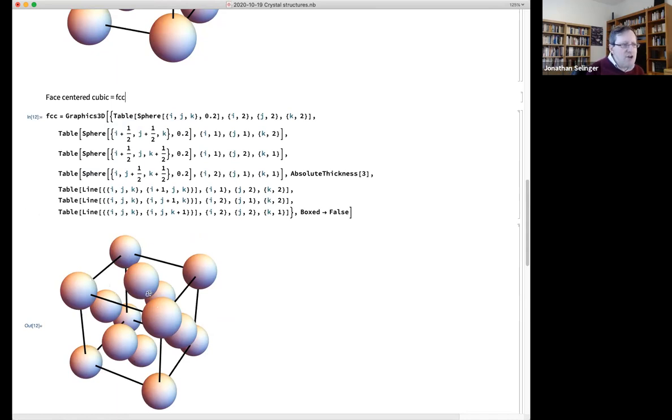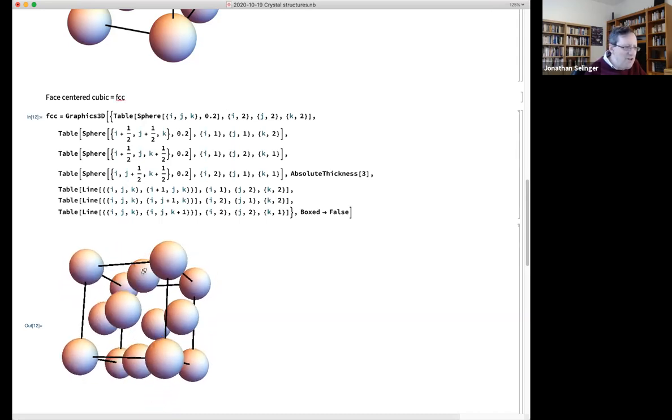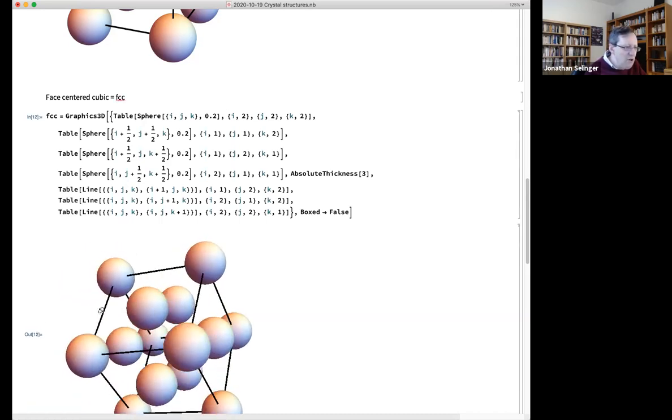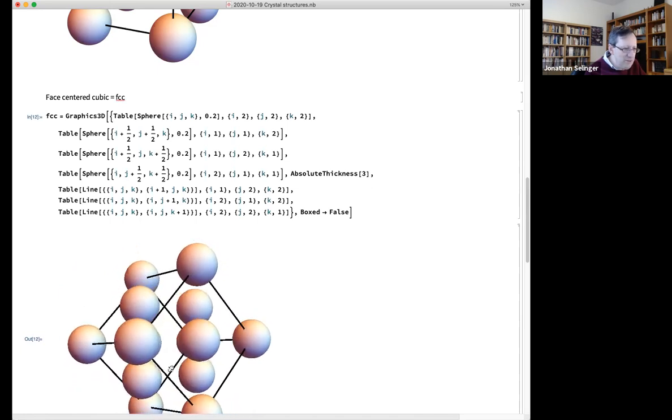The face means the square side of a cube. And so here's an extra atom in the middle of the top face. Here's an extra atom in the middle of the front face. Here's an extra one in the middle of the side face. And then you can rotate around and you see that's true for all of the faces.